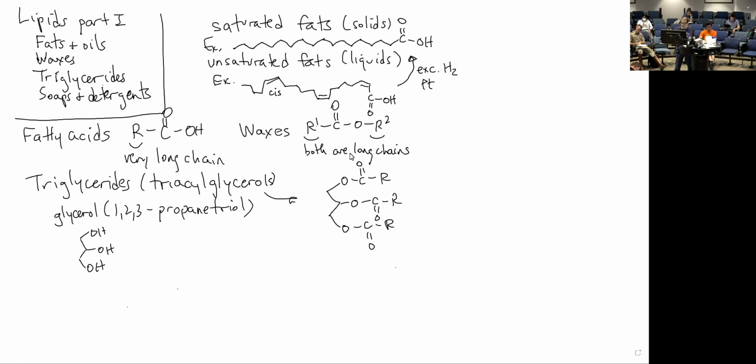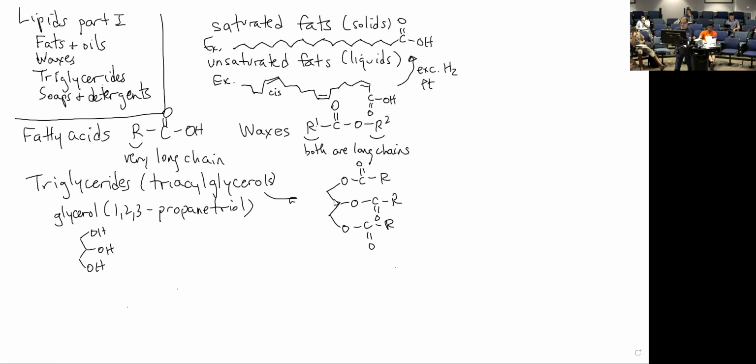My understanding is this is how fat molecules are most often stored in the body, or moved around, transported is probably a better word. So these 3 R groups can be either the same or different, doesn't really matter. But you can see that we have fatty acid portions.